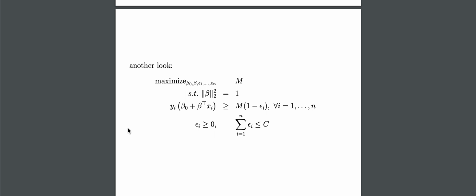A support vector machine is an extension of the support vector classifier that results from enlarging the feature space in a specific way. And that specific way is done using something known as the kernel trick. The kernel trick allows us to enlarge our feature space in order to accommodate a nonlinear boundary between the classes without having to do the computations in that enlarged feature space. And how is that done?